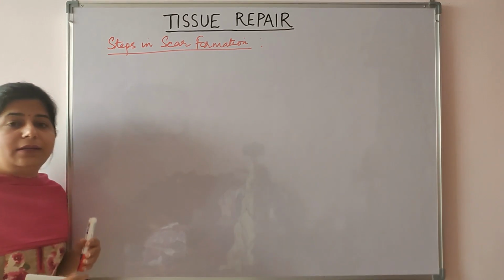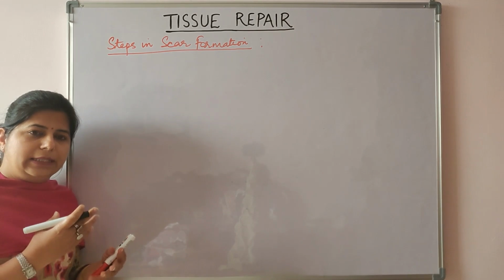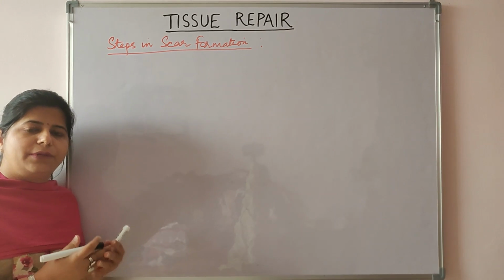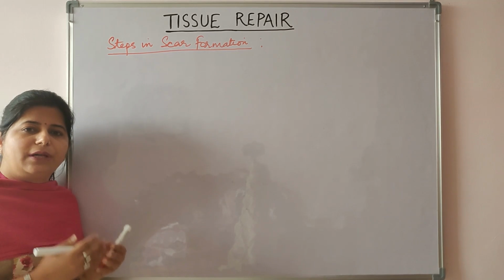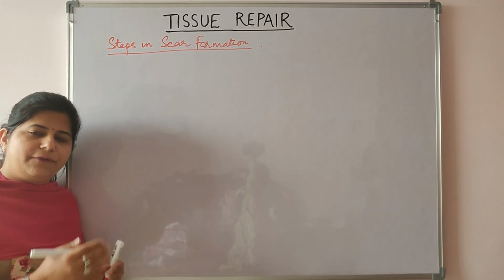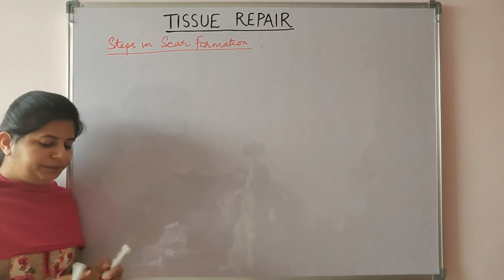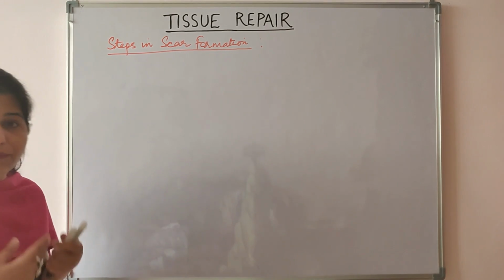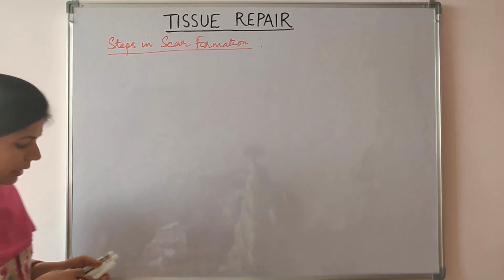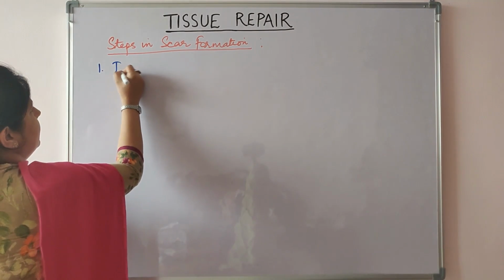When there is tissue injury, there will be oozing of blood, and within minutes there is formation of a hemostatic plug by the platelets, which provides a scaffold for the deposition of fibrin. Then subsequent steps occur. First is inflammation.